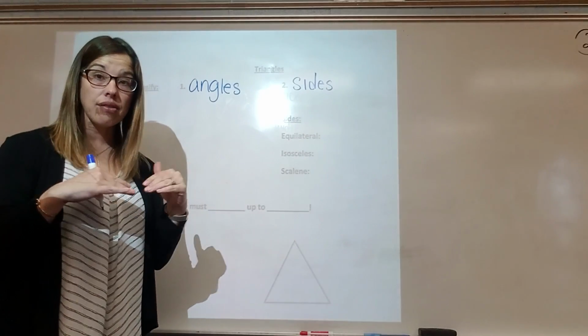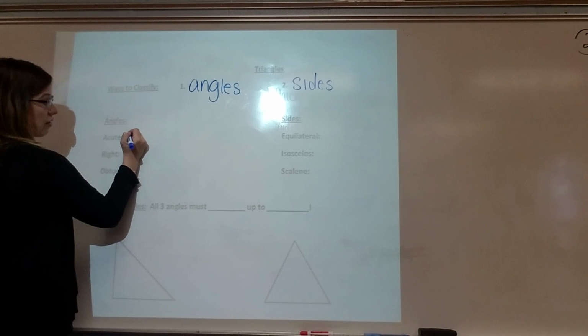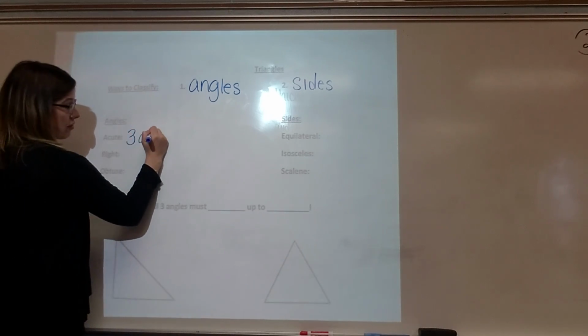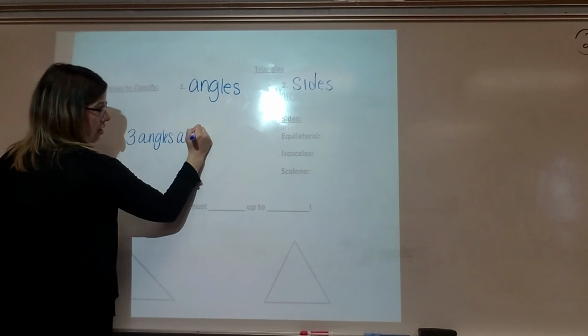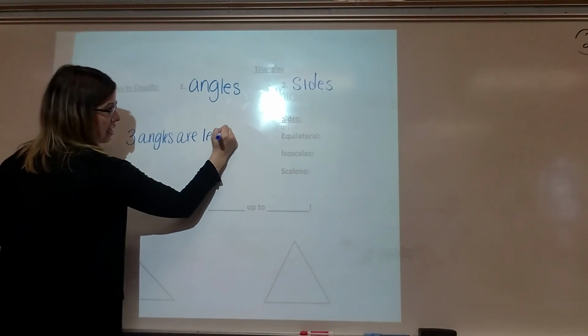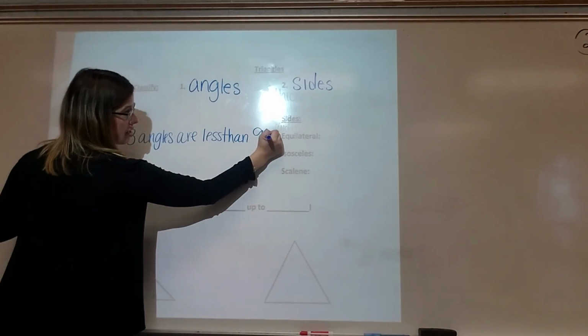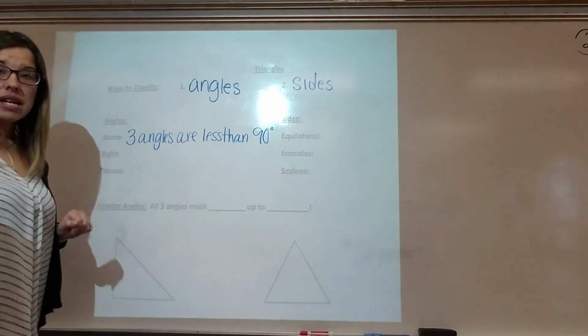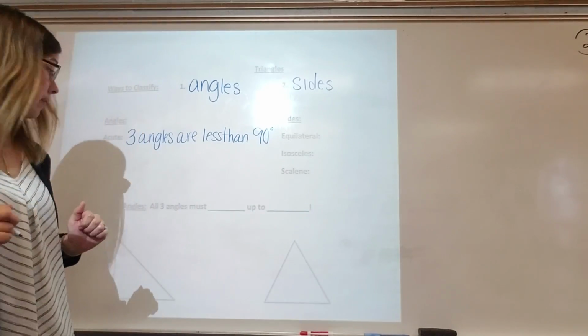All three angles of the triangle are acute. So the three angles are less than 90 degrees. That means it's an acute triangle.